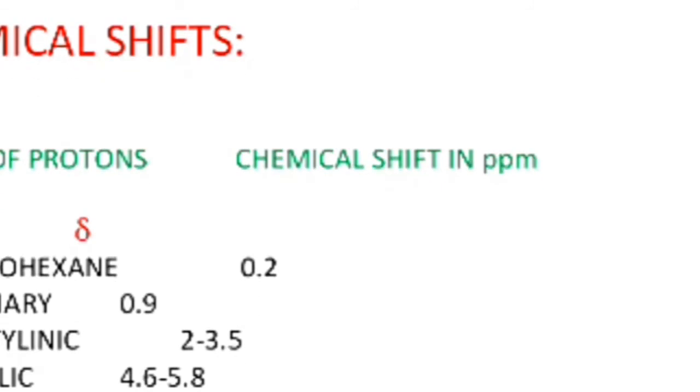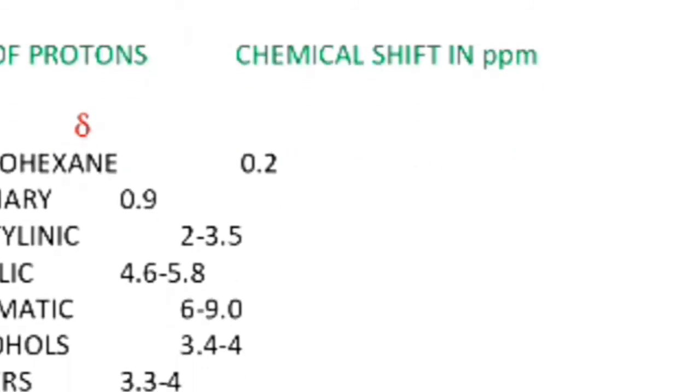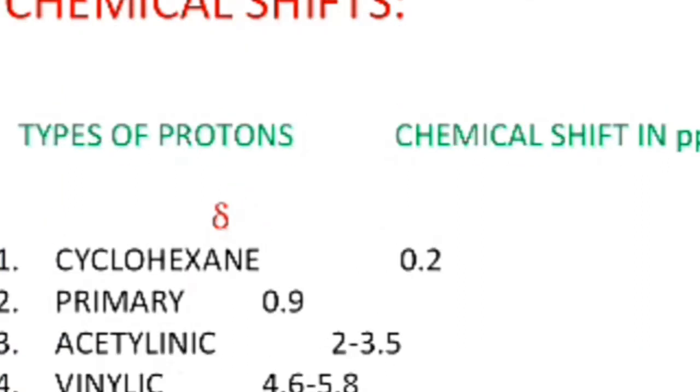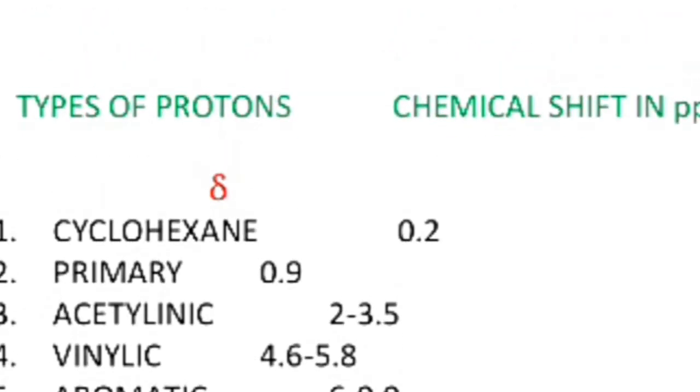Here we can see the chemical shifts. For chemical shift, there is a reference compound, that is TMS, tetramethylsilane. Tetramethylsilane is the reference in NMR spectroscopy for calculation of chemical shift.